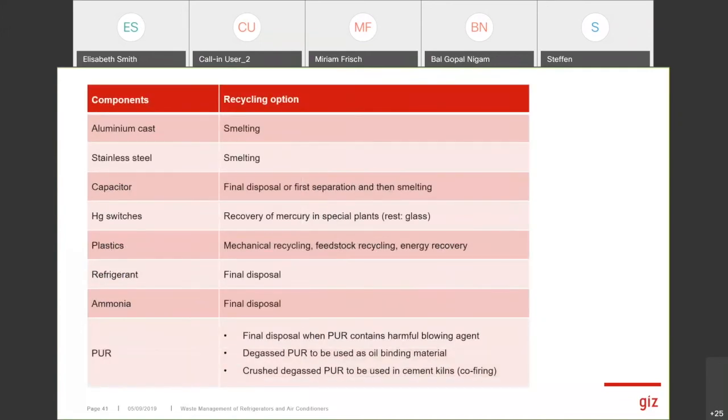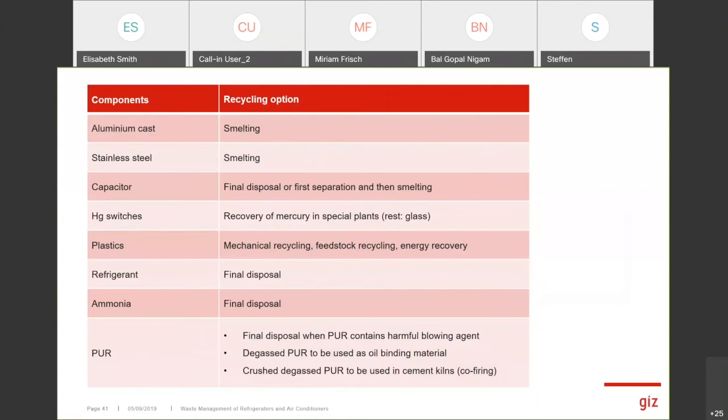Next slide is aluminium cast, which is also a recycling option for smelting. Stainless steel by smelting. Capacitors must be finally disposed of, or first separated and then smelted, because capacitors can have a large amount of PCB.